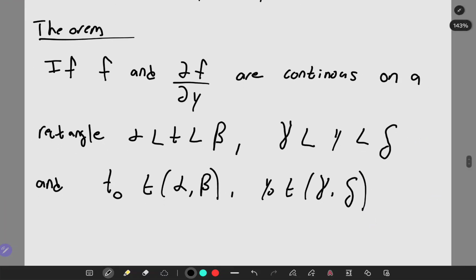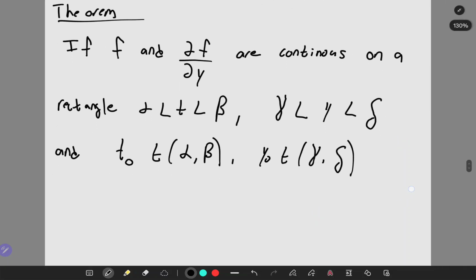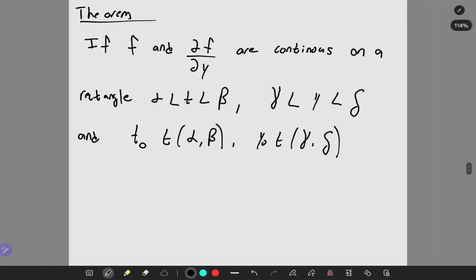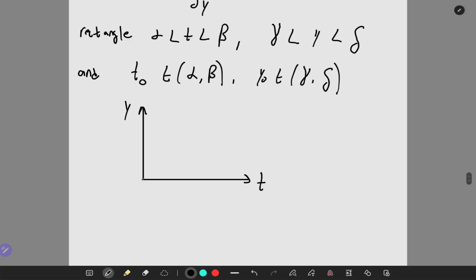Okay, so let's draw out this rectangle here. We're going to have a y-axis and an x-axis, well, a t-axis in this case. So this is our t, and this is our y. If y is between epsilon and delta, we should probably add in negative axes for these.